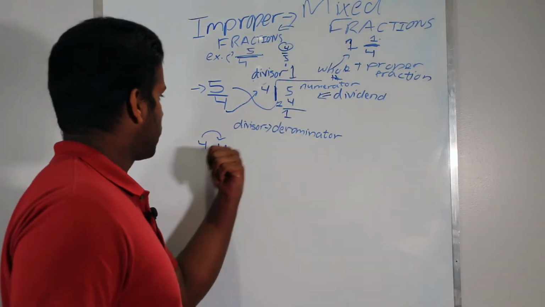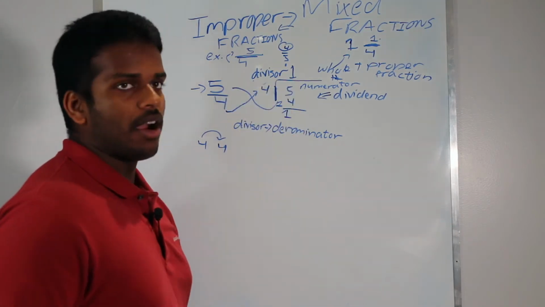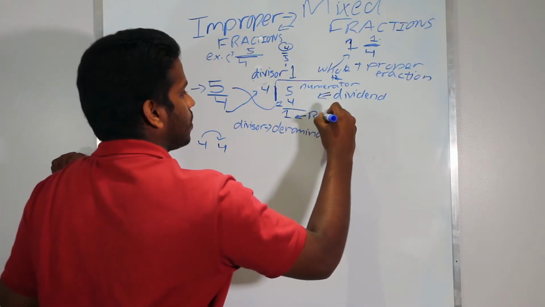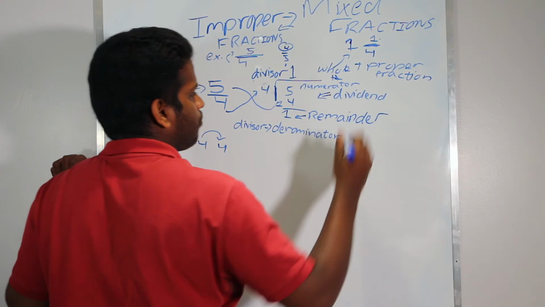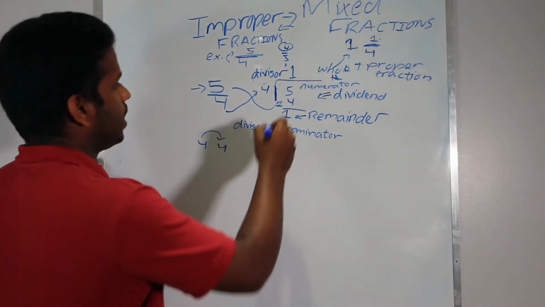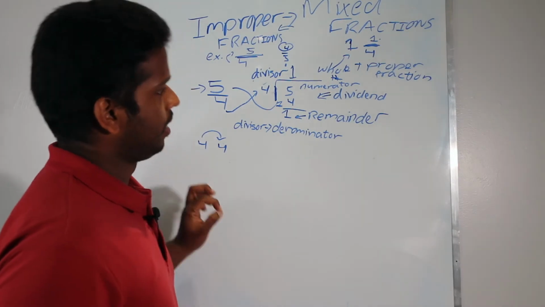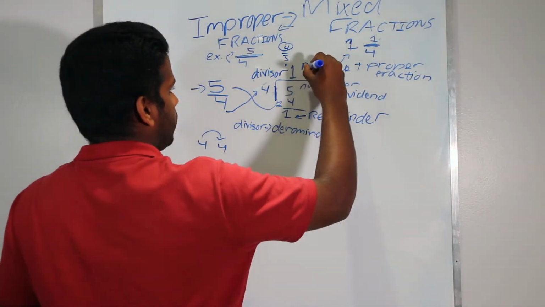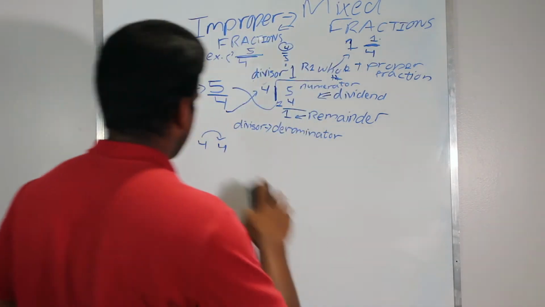Since the number here is smaller than our divisor, it would be considered a remainder. So if the number here is smaller than your divisor, then it would be considered a remainder. So 1, remainder 1. See how that came here?